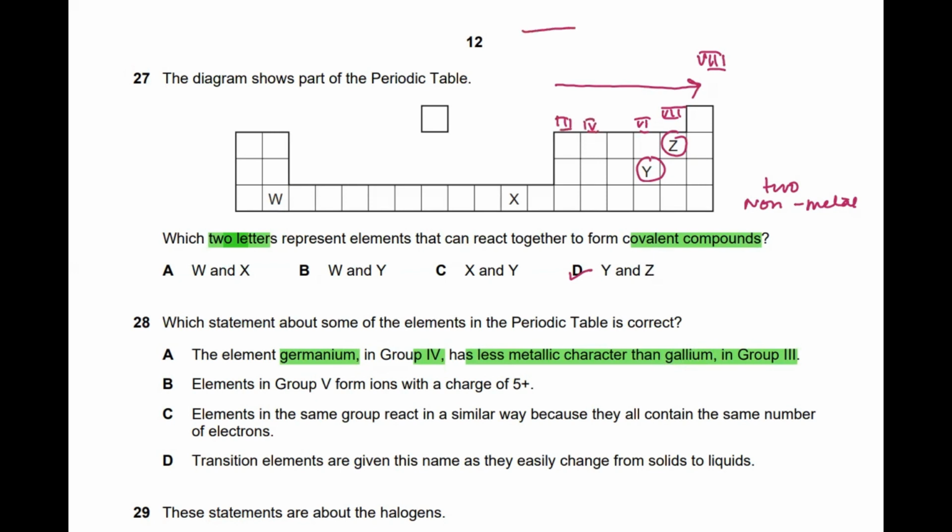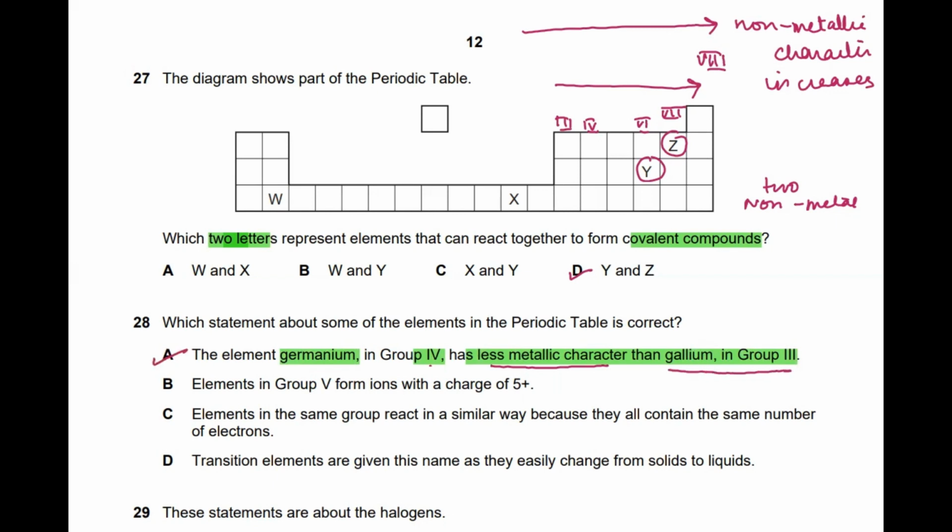As we move from left to right, the non-metallic characteristic increases or enhances, and the metallic characteristic decreases. So group 4 has less metallic characteristic, yes, and will develop more non-metallic characteristic than gallium in group 3. So A is absolutely correct.